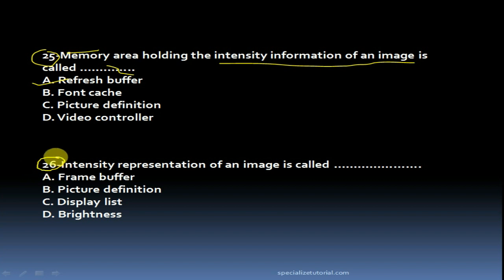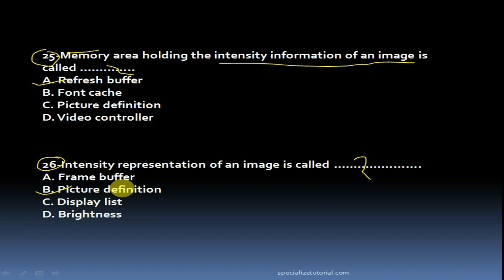Now take question number 26. The intensity representation of an image is called what? Frame buffer, picture buffer, display list, or brightness. So picture definitions, okay. The intensity representation of the image is called picture definitions.